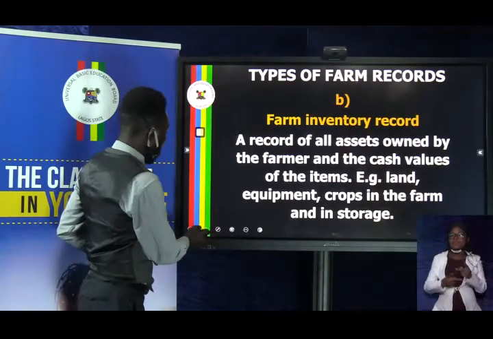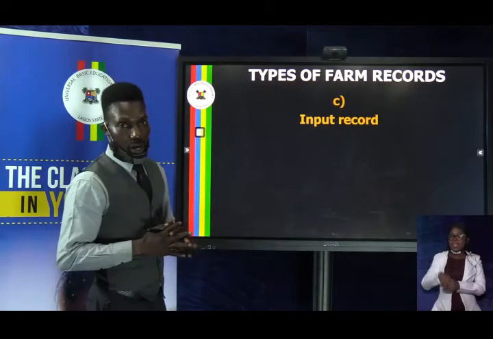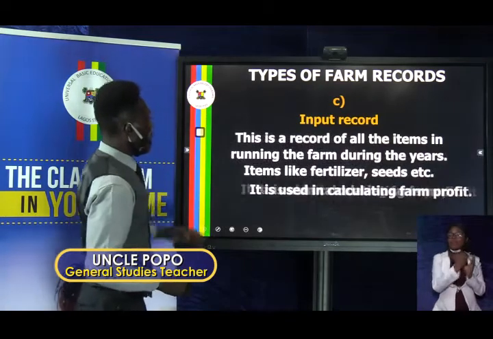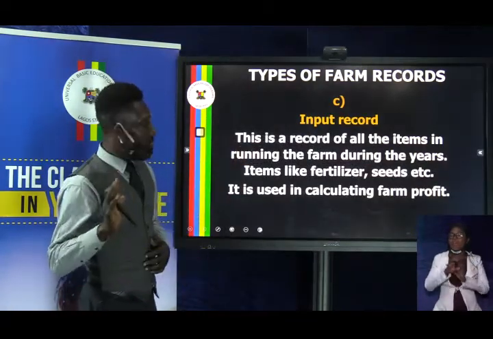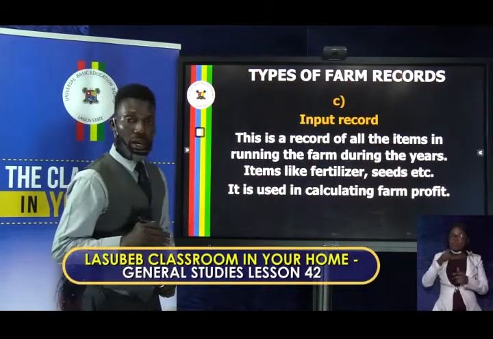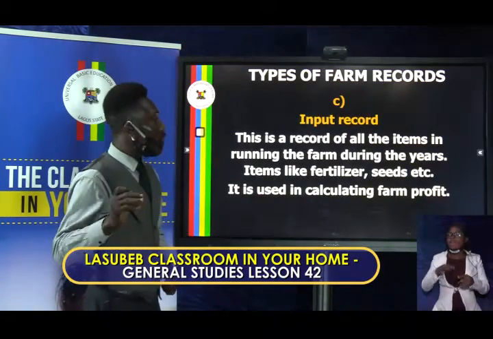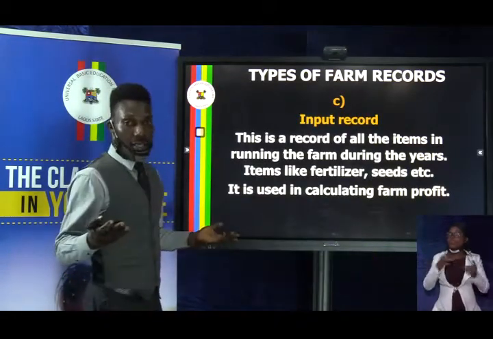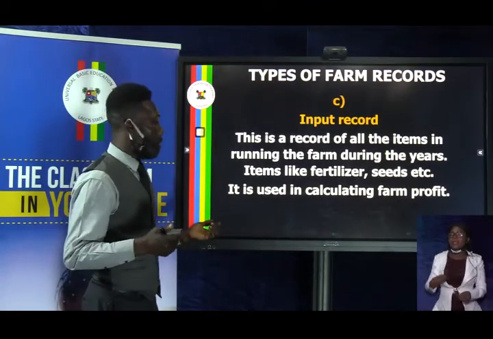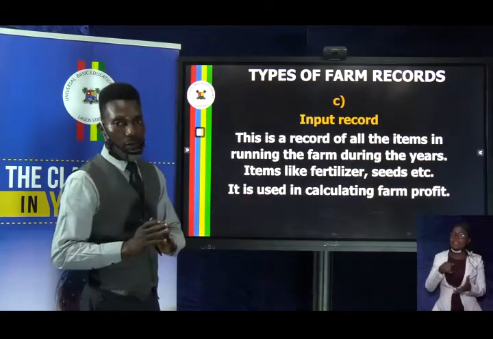The next type of farm record is the input record. Say that. Input record. Input record is a record of all the items used in running the farm during the year. What are the items? Items like the fertilizer, the seeds, and so on. The purpose of this input record is that it is used in calculating farm profit.